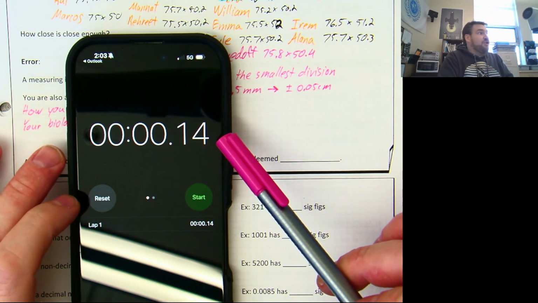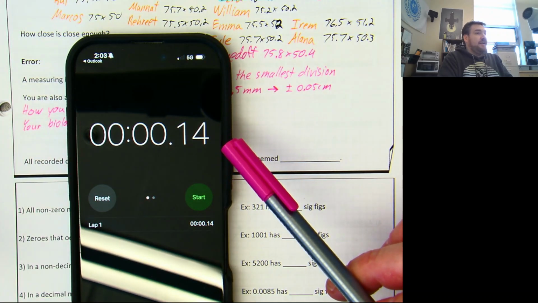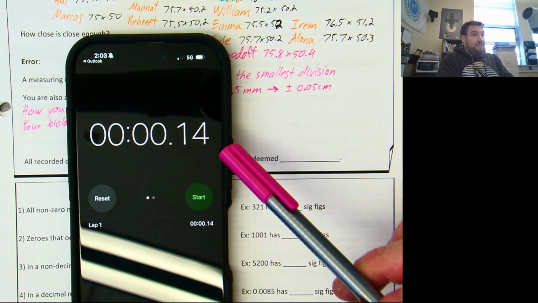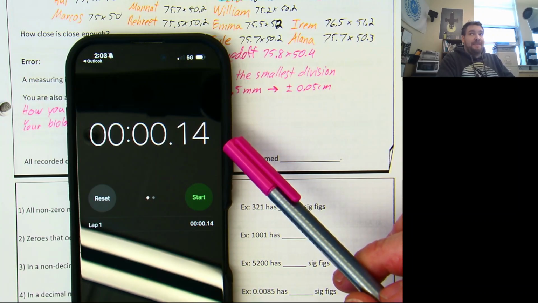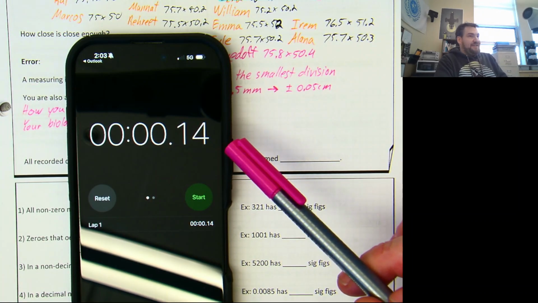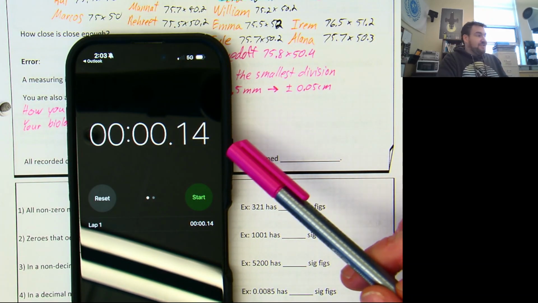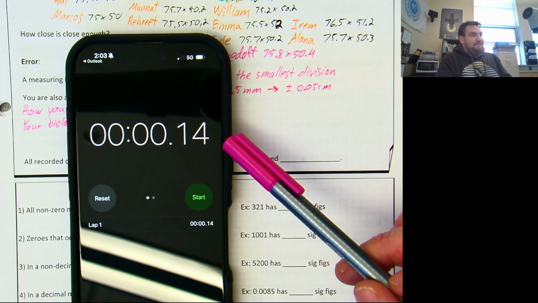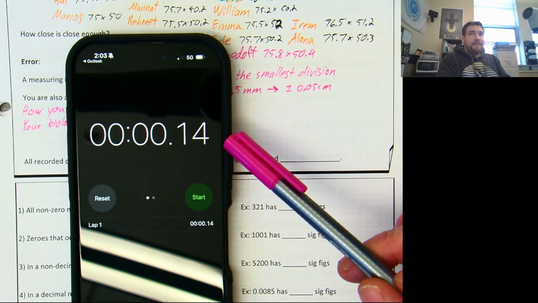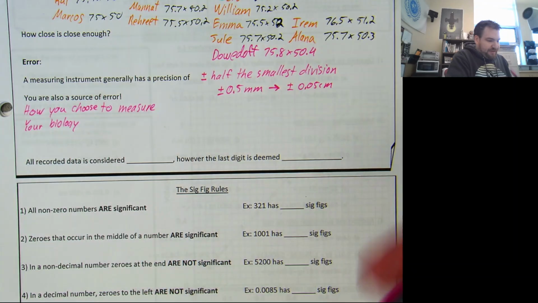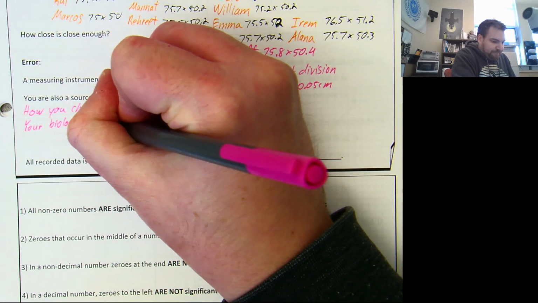This is inherent in your biology, and the younger you are, generally speaking, the quicker your reaction time is going to be. They tested grade 9s, grade 11s, grade 12s, and staff members. Mr. Easton beat me. Actually, a PE teacher beat me too. I beat Mr. Whitman. I would hope I would beat Mr. Whitman. He's old. But your biology is another thing that introduces error. So an example here: reaction time.